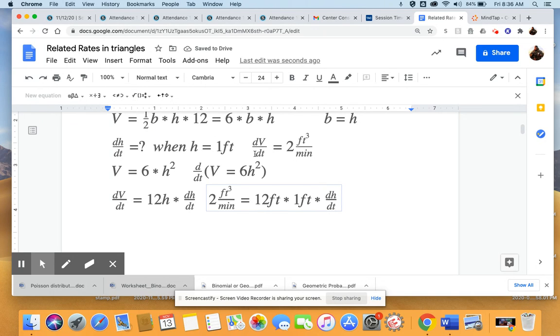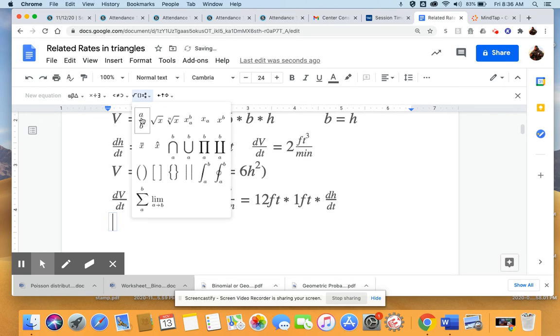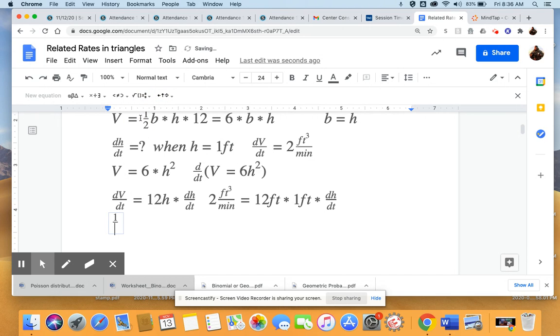And now we're just solving this. So 12 times 1 is 12, and we're going to divide that over to the other side. We should get a final answer here of 1/6. Right? 2 divided by 12.